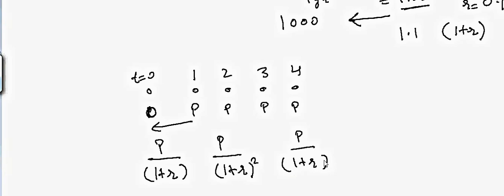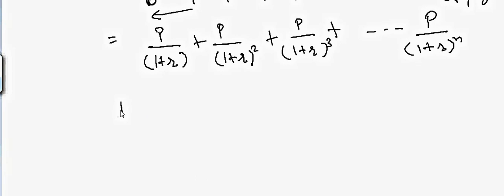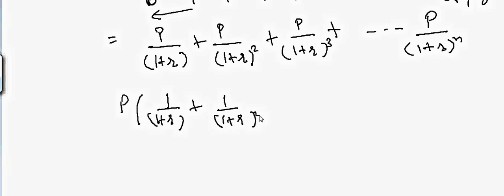And then we keep doing this and add them together, up to 1 plus r to the power n, where n is equal to the years of payment. Now how do we calculate this? We can take p as common, and then say 1 divided by 1 plus r, plus 1 divided by 1 plus r square, and so on up to 1 divided by 1 plus r to the power n.